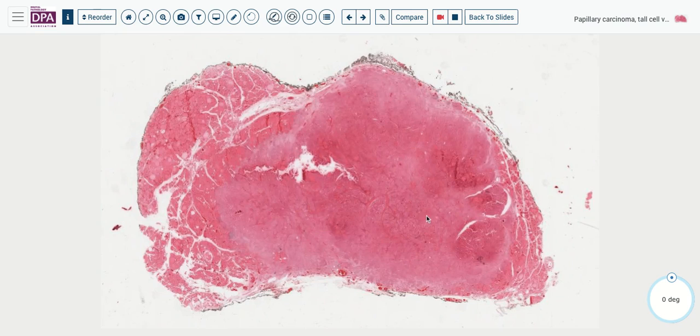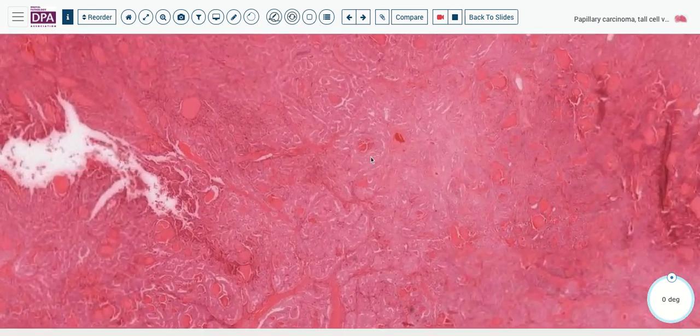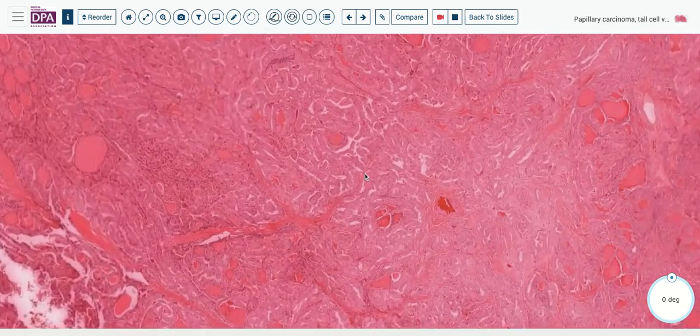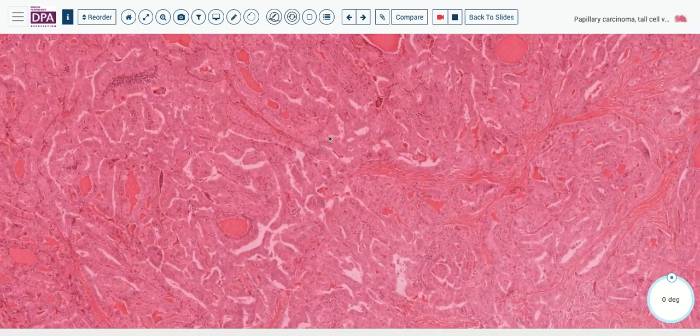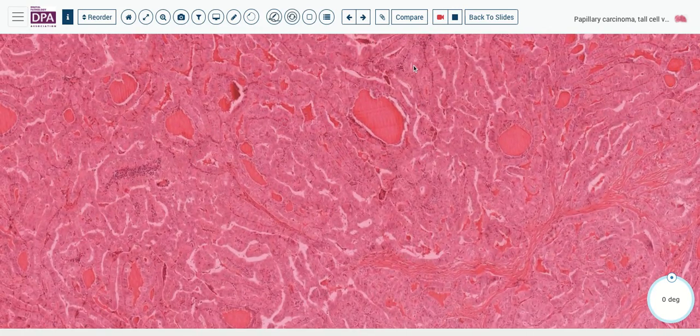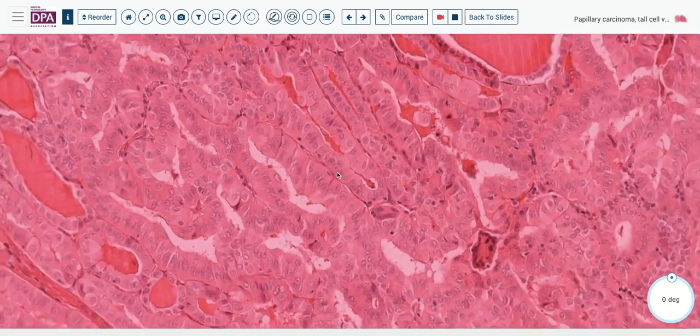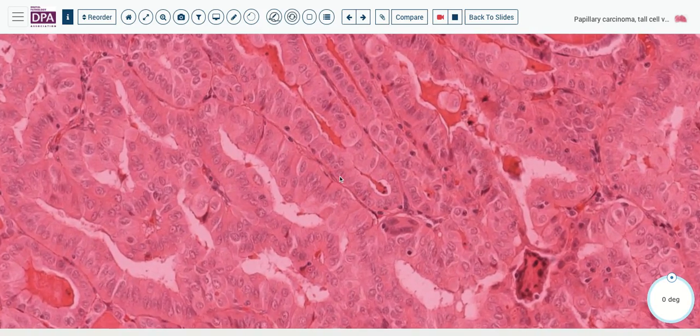So let's take a look. Here is a somewhat washed out slide from earlier versions, but we can see that we're getting sort of long, elongated papillae and villus forms here. So the architecture is somewhat sort of elongated structures. And as we look at these cells here, just look at how these are tall cells.